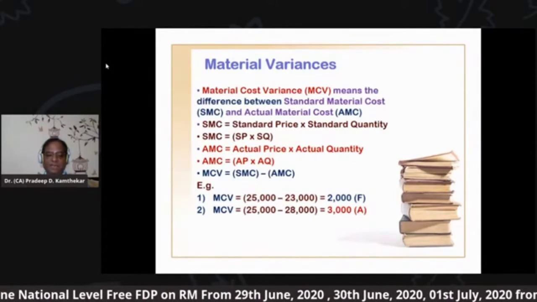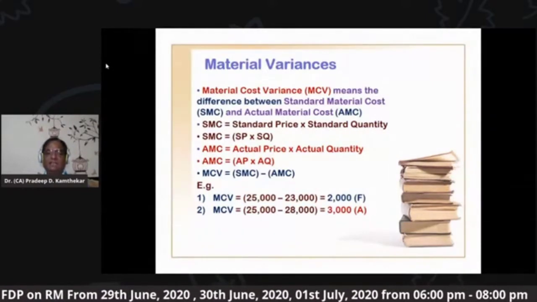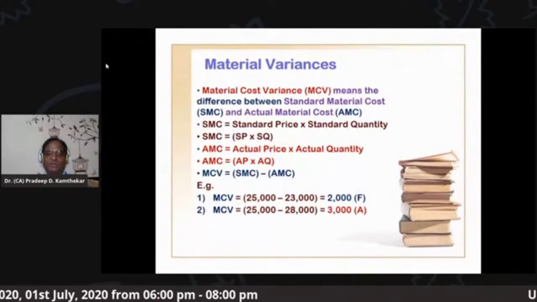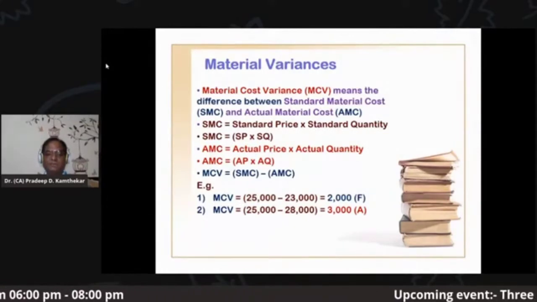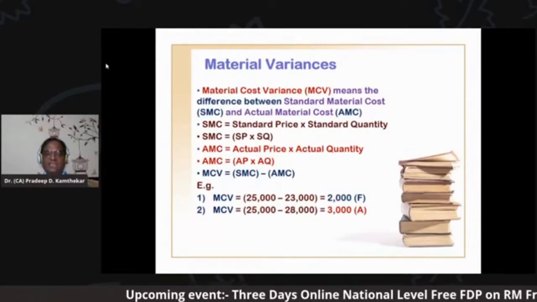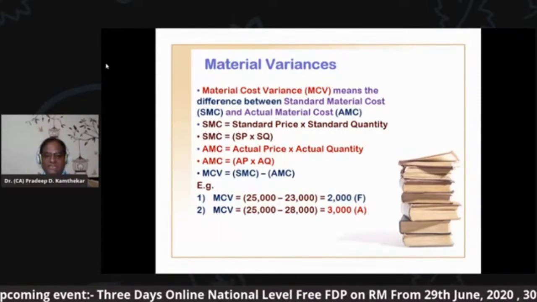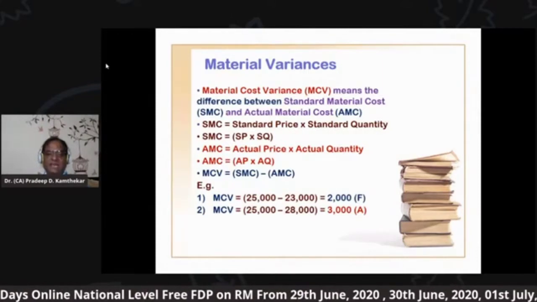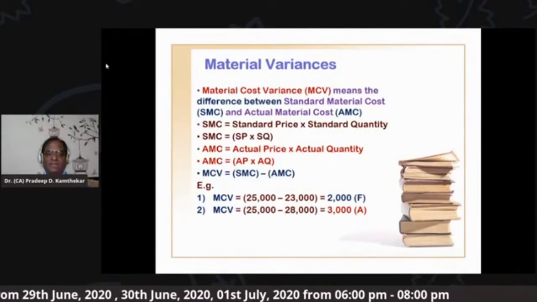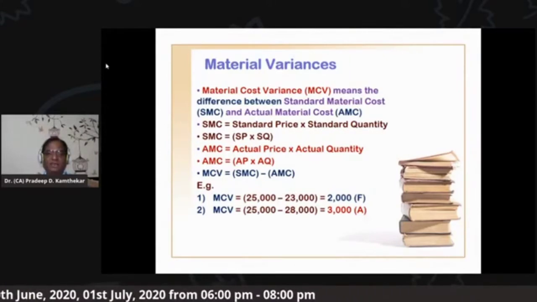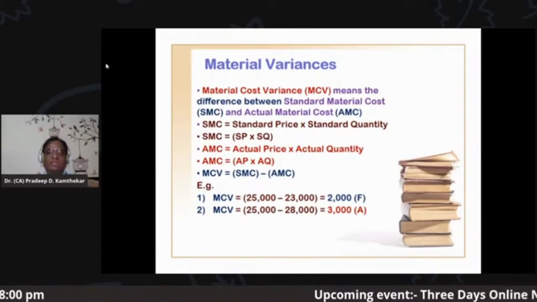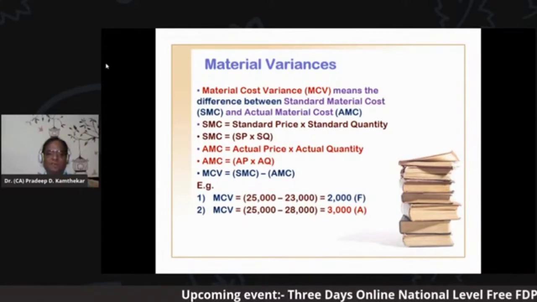Take the second example. Again, the standard material cost that business expected to incur was 25,000, whereas the actual material cost incurred by the business is 28,000. We can see here 3,000 extra is spent by the business on this material, and for that the profit margin of the business has reduced by 3,000 rupees. So it is definitely not a favorable sign for the business.